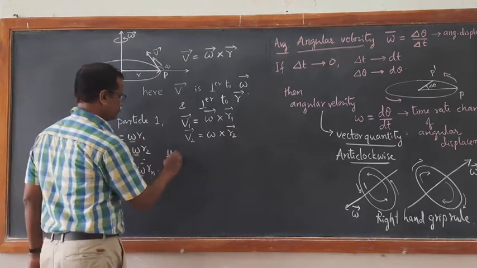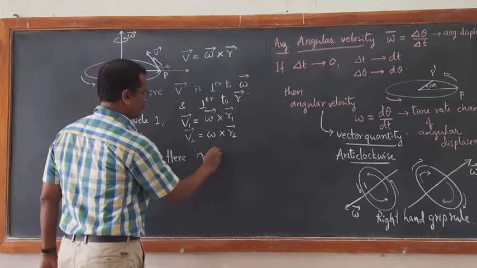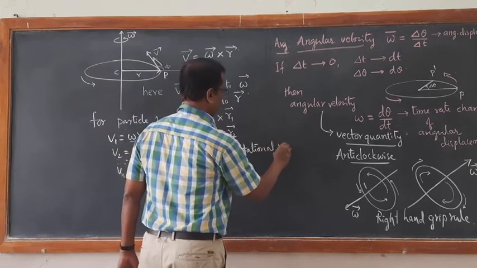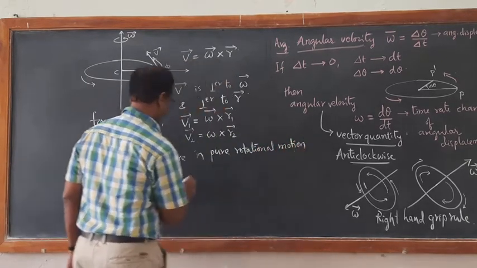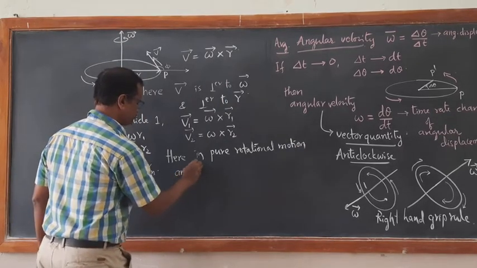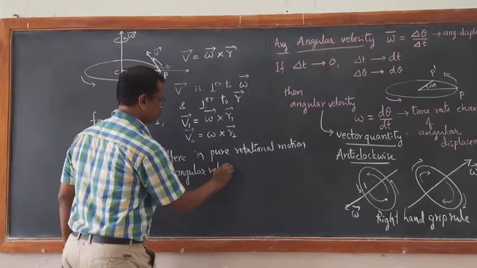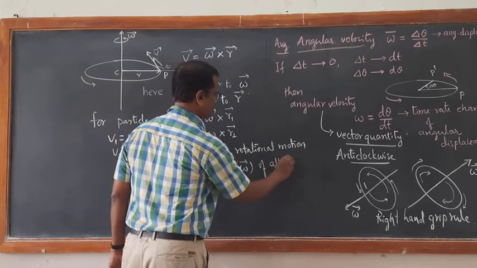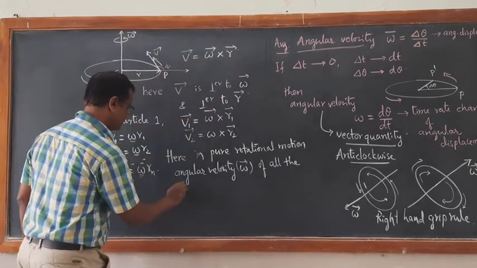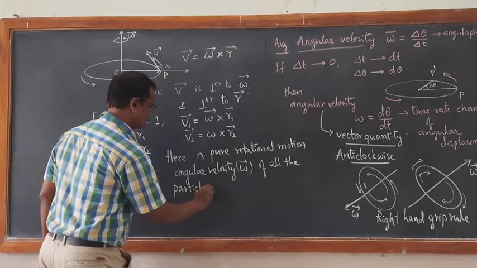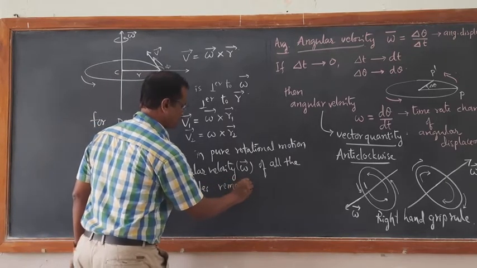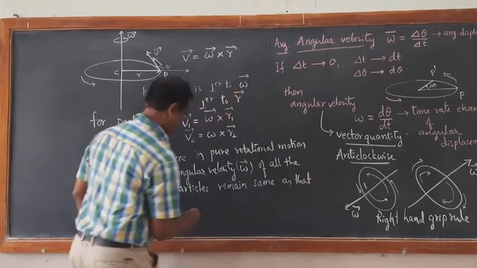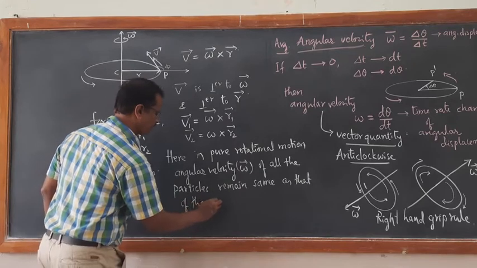Here, in pure rotational motion, the angular velocity omega of all the particles remains the same as that of the whole rigid body.